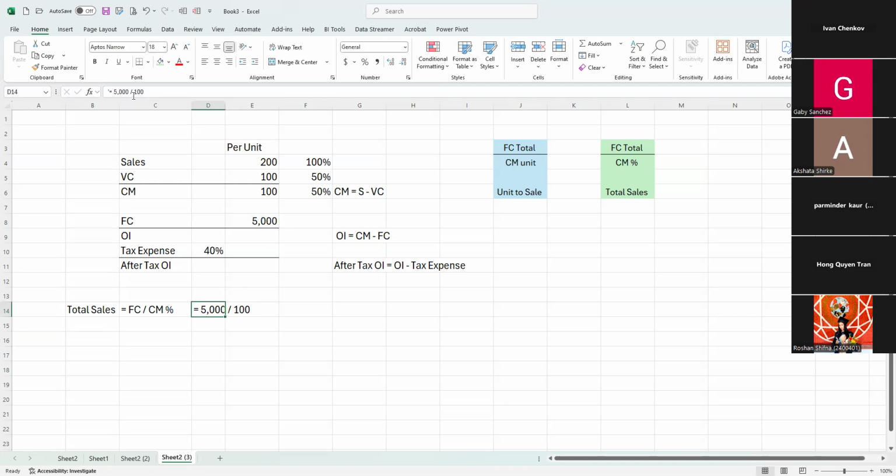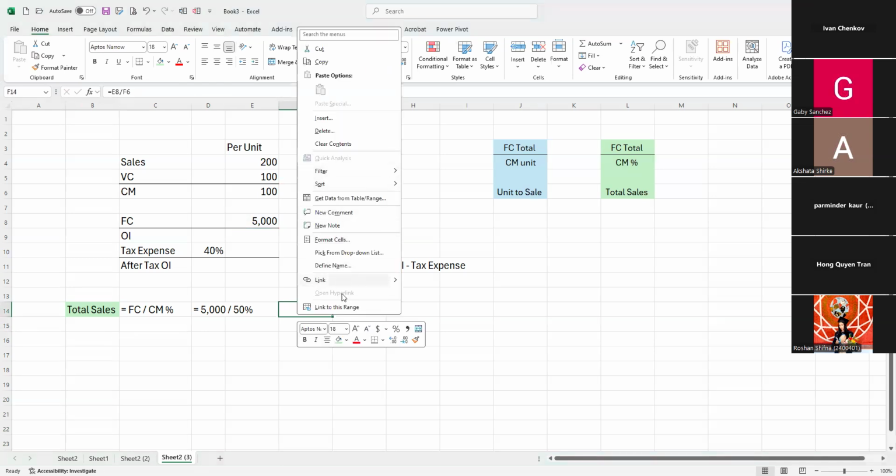I need here the 50%, right? Yes. I need to use the green formula, not the blue one, green one. So what will that be? That will be 5,000 divided by 50%. So my sales need to be 10,000 to get the break-even point. Make sense?